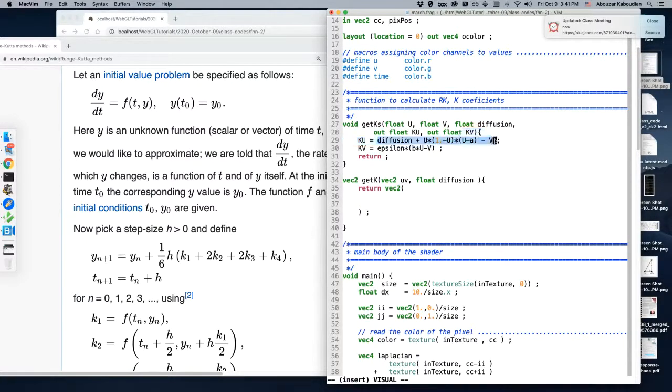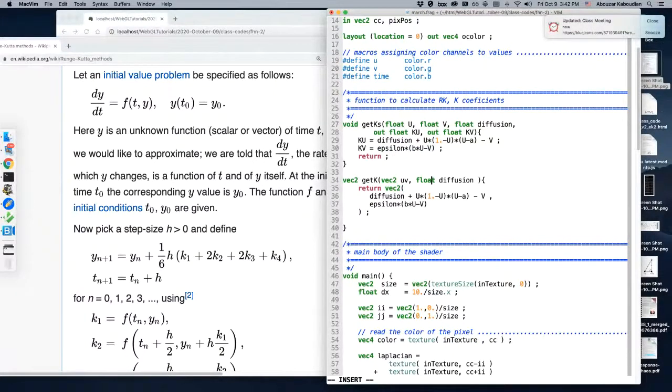And the first one, I want to return exactly the same thing that I was returning over there as the first component of the vector. And the second component of the vector, I want to be this.